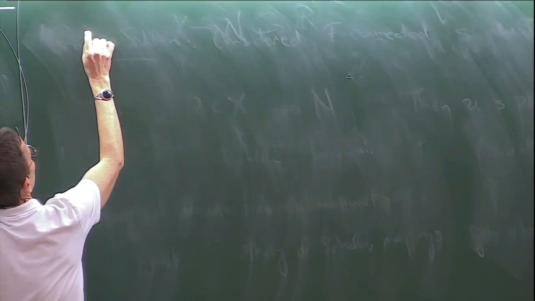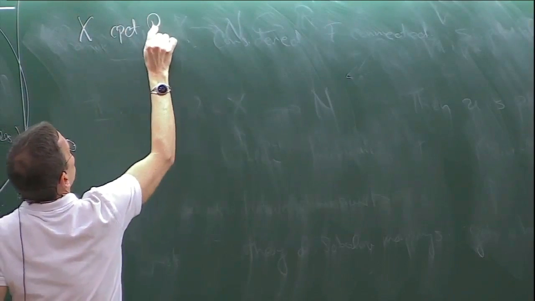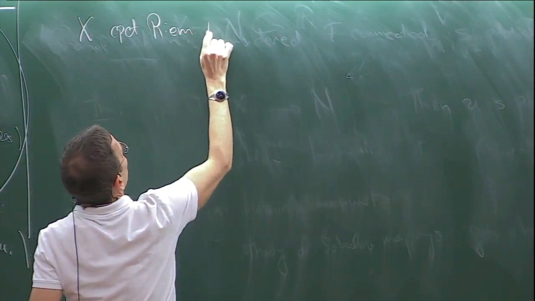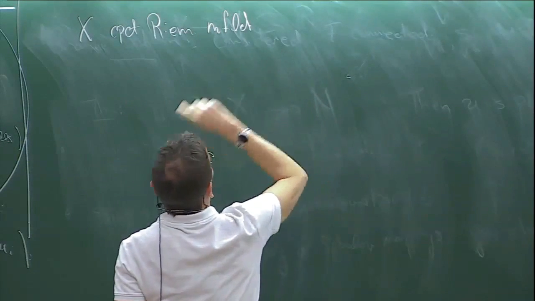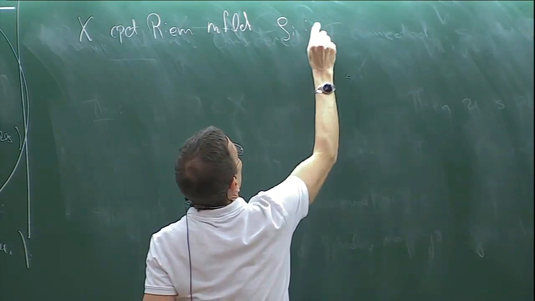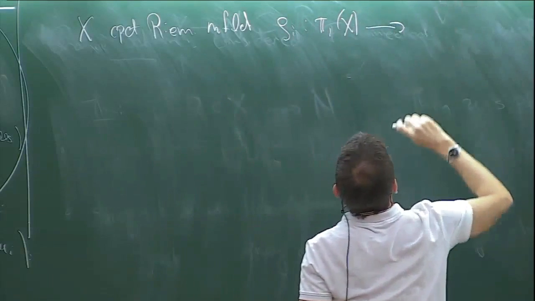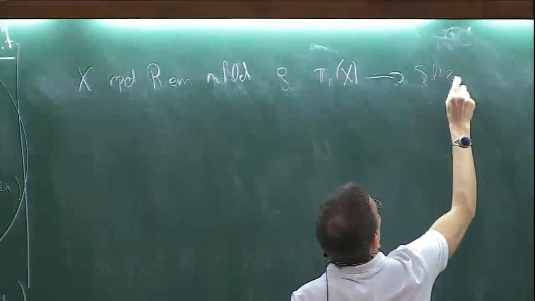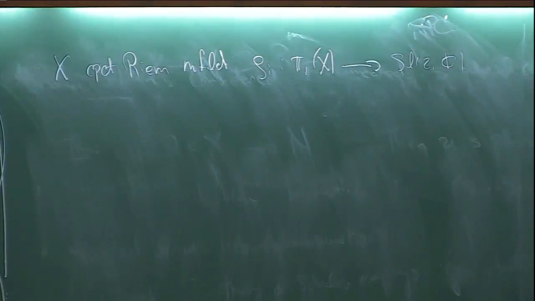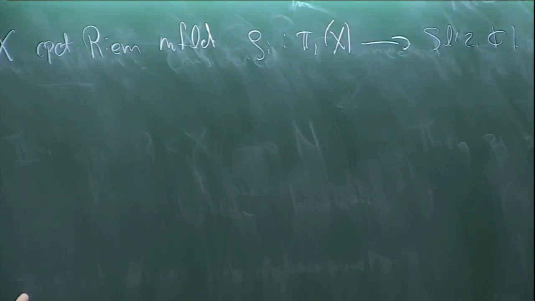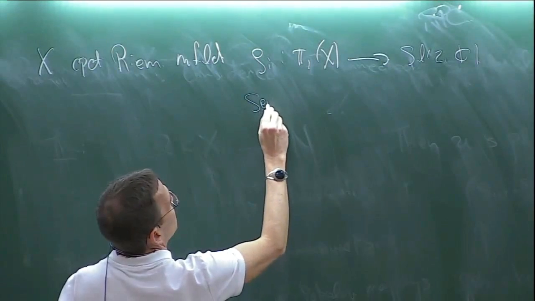So let's suppose that X is just a compact Riemannian manifold, and I have rho i, a sequence of representations in SL2C of the fundamental group of X. Since I'm really thinking about the character variety, I can assume that these guys are semi-simple.